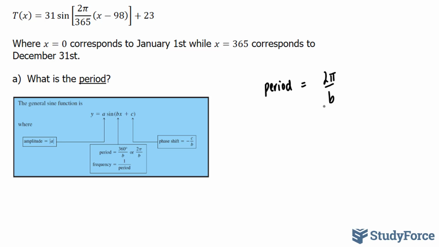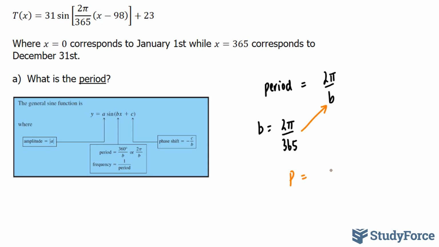Now you have to recognize which of these values represents b. Given the general sine function, we can say that this number, b, is equal to 2 pi over 365. Given that we found b, we are going to replace our period formula with that b that we found.